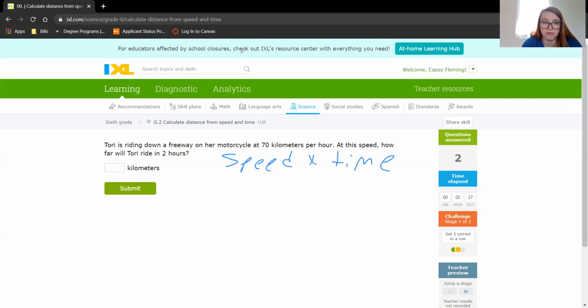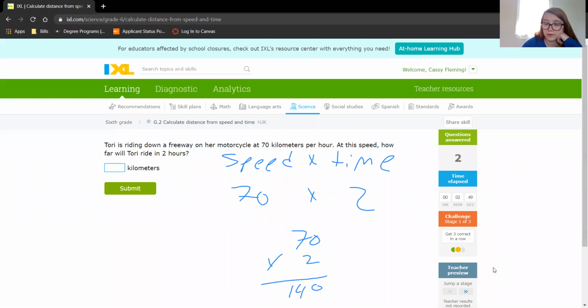At this speed, how far will Tori ride in 2 hours? So we know our speed is 70 and our time is 2. 70 times 2. 2 times 0 is 0. 2 times 7 is 14. We should come up with 140 kilometers in 2 hours.